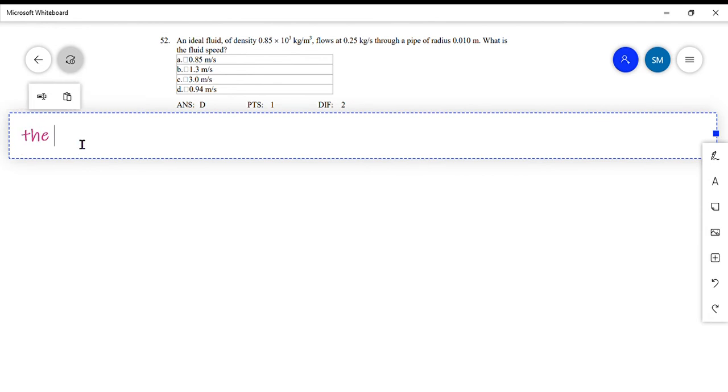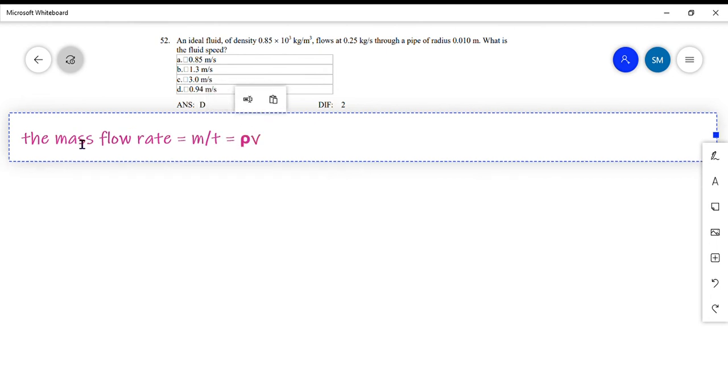The mass flow rate is equal to the mass over the time. The mass is simply equal to the density times the volume. The density times the volume over t, and we all know the volume is equal to the area times the height over t.